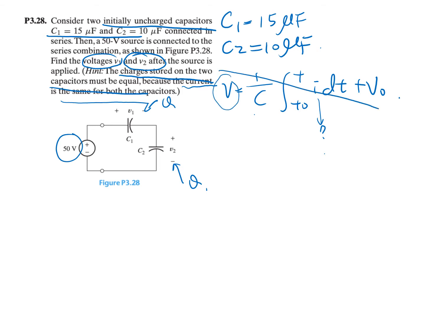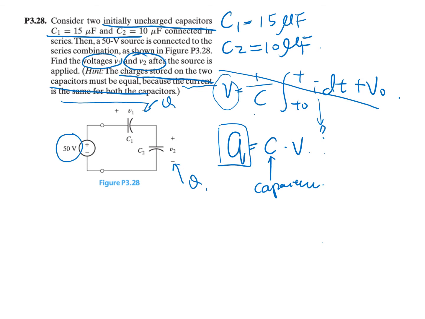Therefore, we cannot use this formula. So let's recall our other formulas that we can use. Well, we know that the charge Q is equal to C times V. Q is the charge for the capacitors, and the capacitance value is C. We know the capacitance, so all we need is the charge.